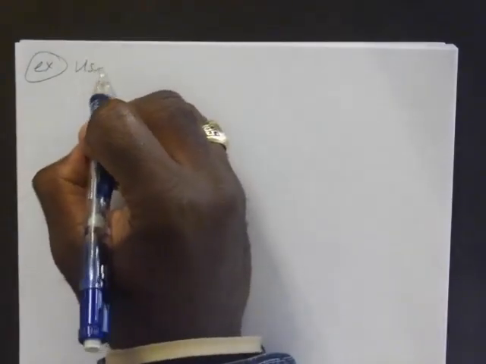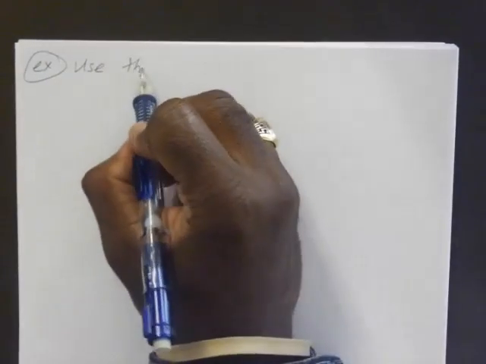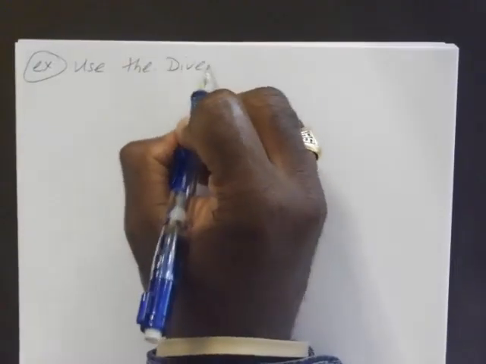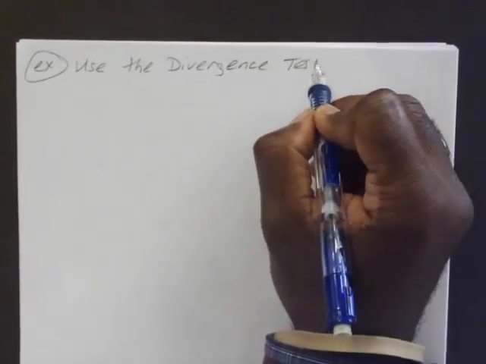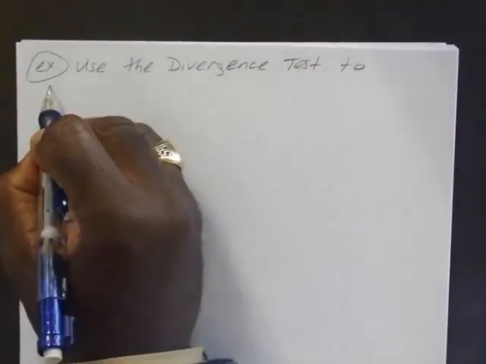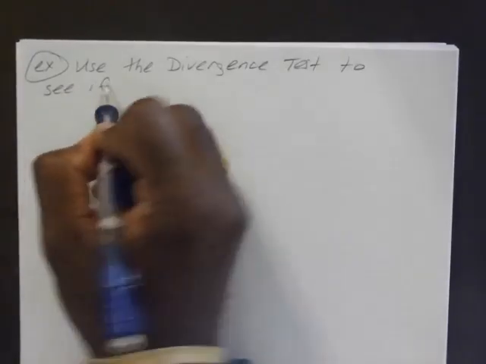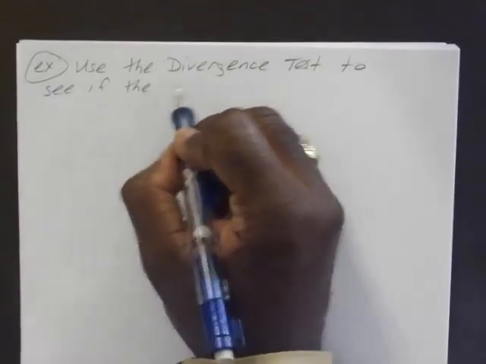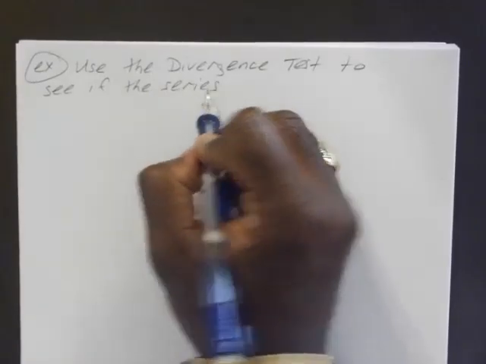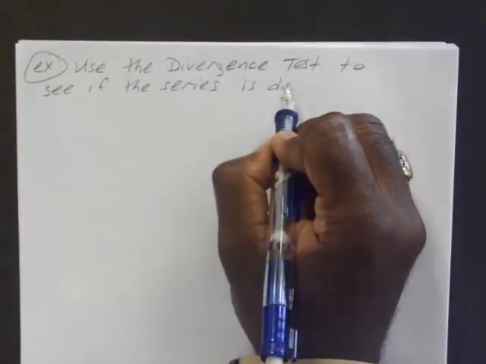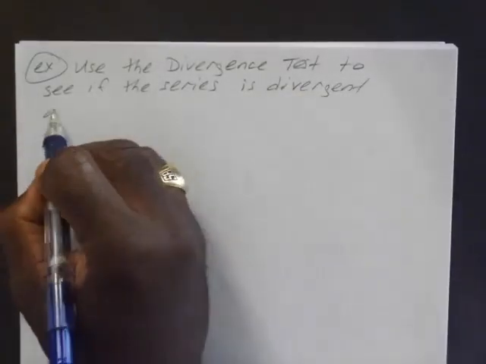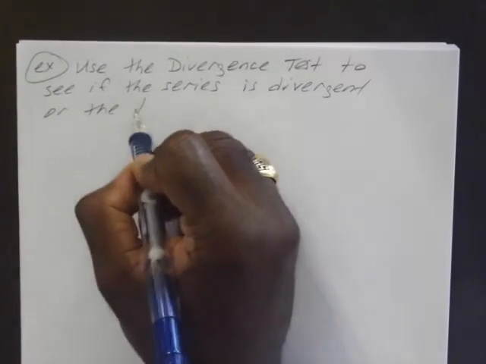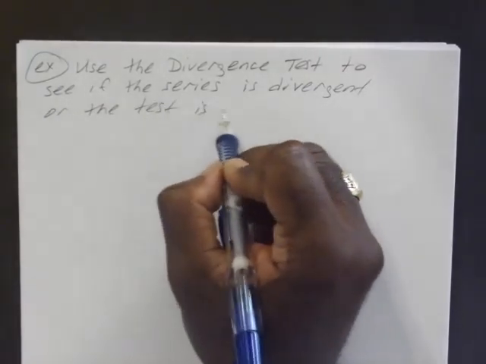So let's say, for example, again, we wanted to use the divergence test to see if the series is divergent or the test is inconclusive.